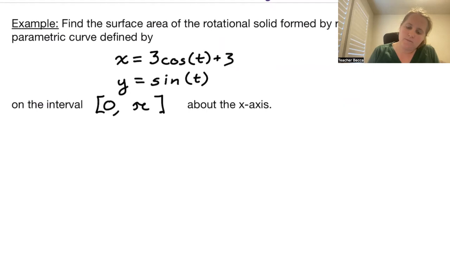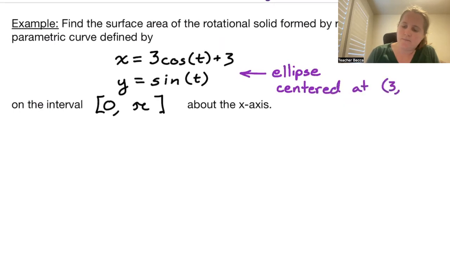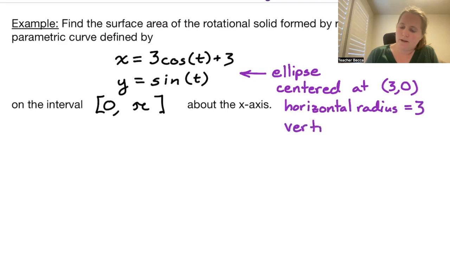So just a note, this set of parametric equations defines the ellipse centered at 3, 0 with a horizontal radius equal to 3 and a vertical radius equal to 1.